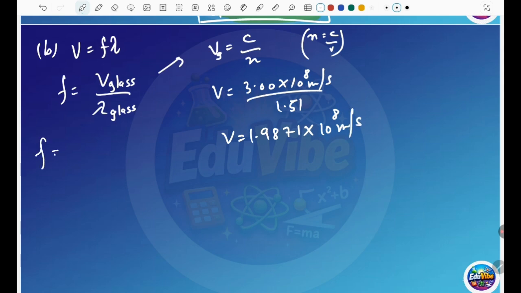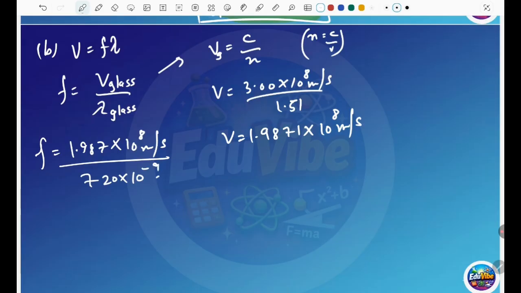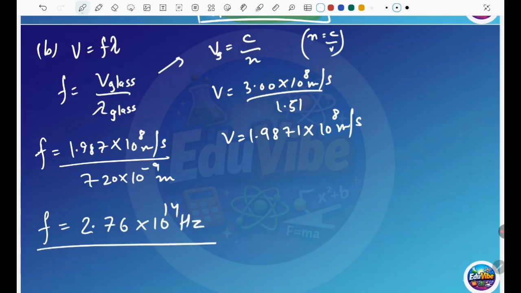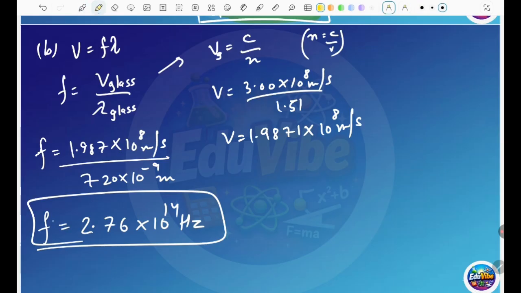You put this over there, divided by the wavelength. We have 720 nanometers, and nano has the value of 10 raised to power minus 9. So for frequency, you will get about 2.76 times 10 raised to power 14 hertz.